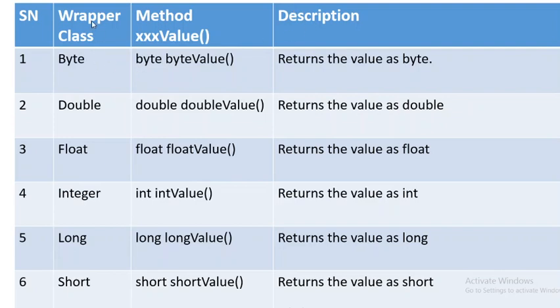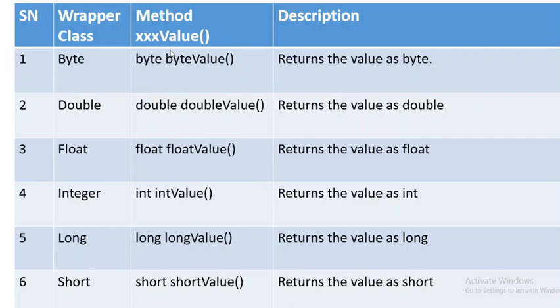For example, if we are using wrapper class as byte, in the byte wrapper class, the return type of this method will be byte, and this triple x will be byte. So the name of the method is byte value. It returns the value as byte.